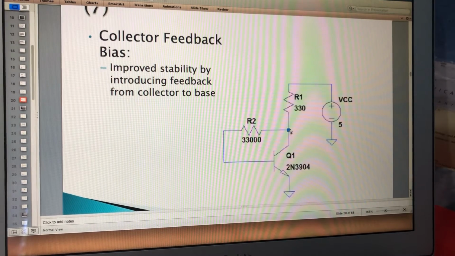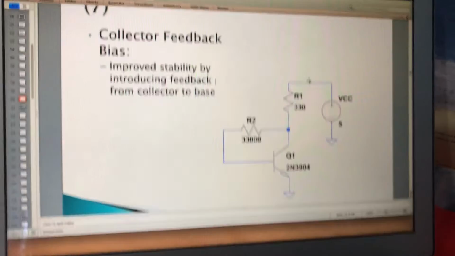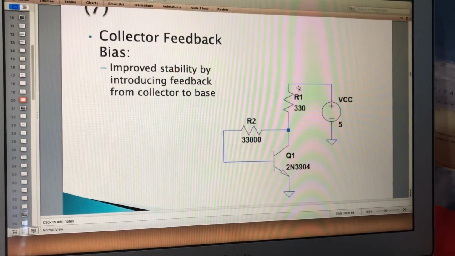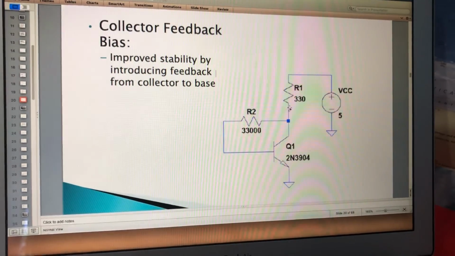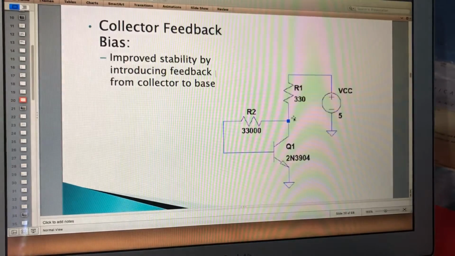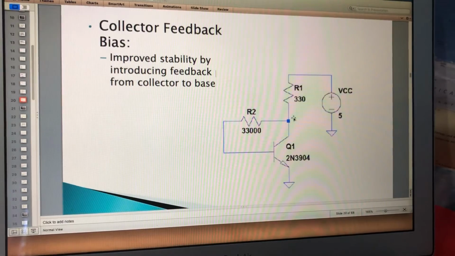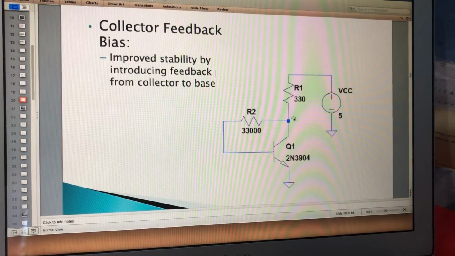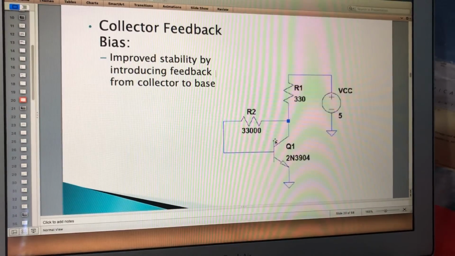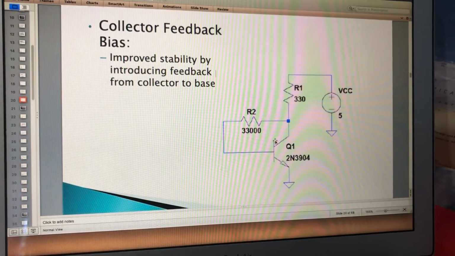I want you to try to find out what's the voltage here, what is the voltage here, and what is the current. Because it's already giving you the design values, it means that you have to analyze it. Analyze where the operating point is, whether this transistor is in the forward active region or not.